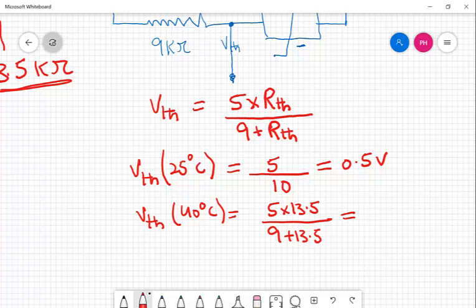Let me calculate that. 5 times 13.5 equals 67.5, divided by 9 plus 13.5, which equals 22.5. So 67.5 divided by 22.5 equals 3. So the voltage will be 3 volts.